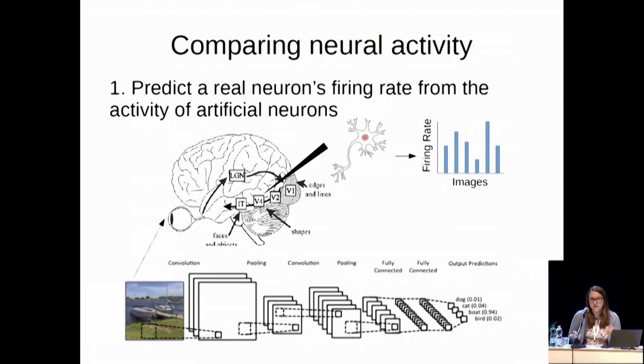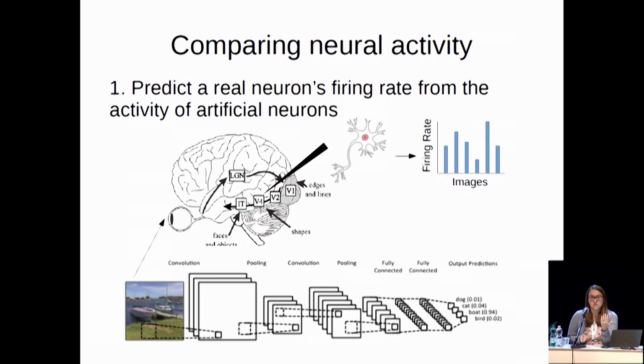When it comes to comparing neural activity between a network and the brain, there are two main ways to do it, but they both start with the same setup, which is basically that you have to show the model and a brain the same image. Once you do that, you put the image into the model, and you get all the activation of all the units in the model. That's easy.